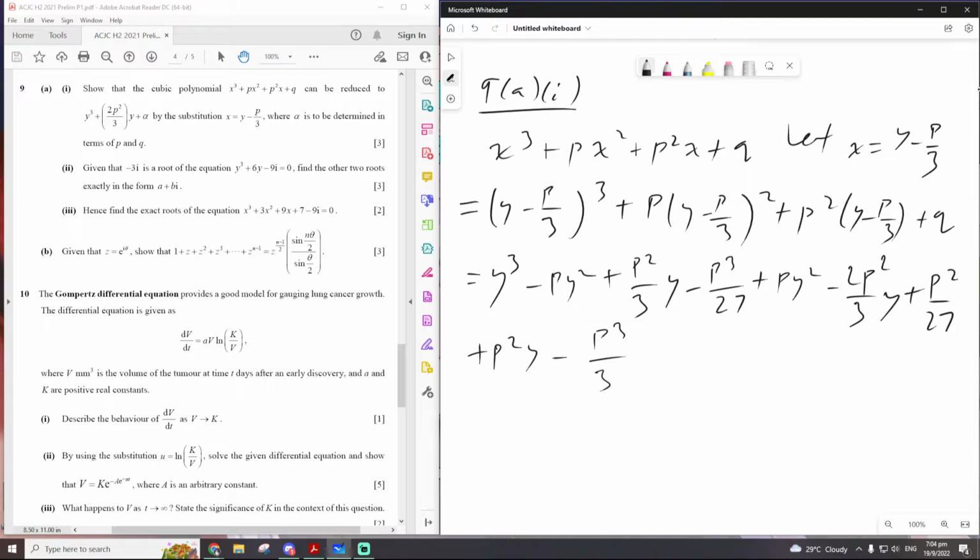Actually, no, this p cubed, sorry. Everything should have a p cubed in it somewhere. Then plus q. Okay. So the point is to make sure that there's no y squared term. And in fact, you will see that there is indeed no y squared term because this and that will cancel. What else is eliminated? This and that also cancel, which is nice.